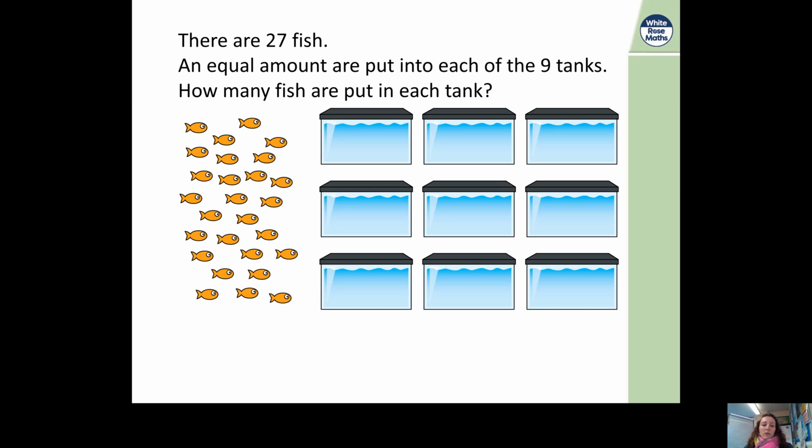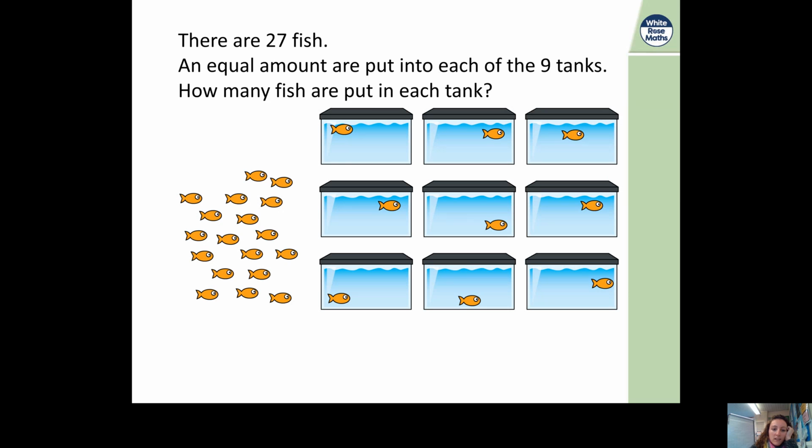Now here's a problem-solving question. There are 27 fish. An equal amount are put into each of the 9 tanks. How many fish are put into each tank? So we've got 27 fish and 9 tanks. So we start by sharing equally the fish into the tanks.